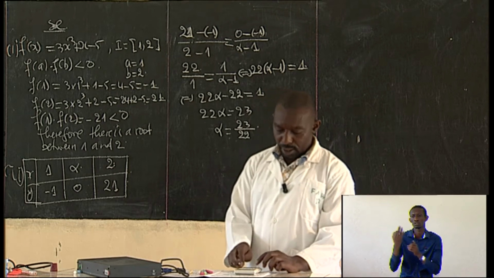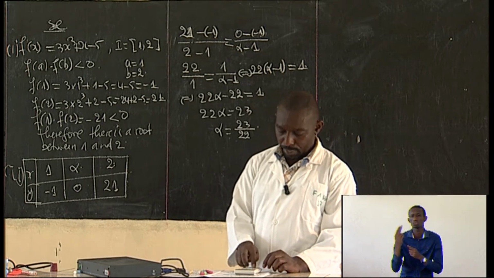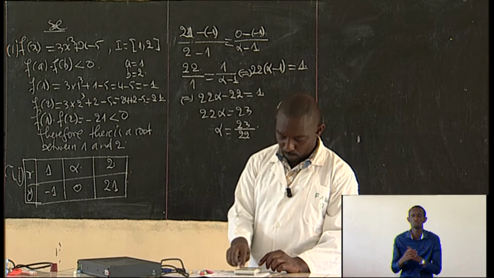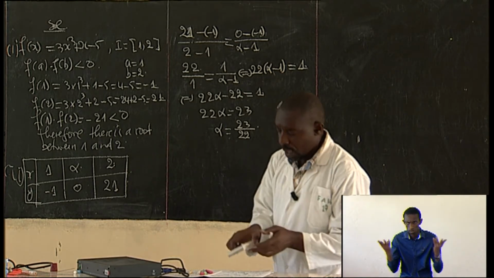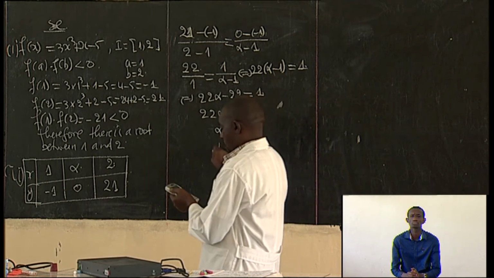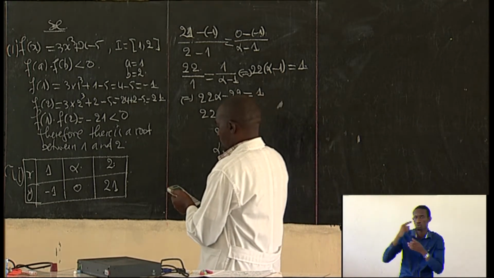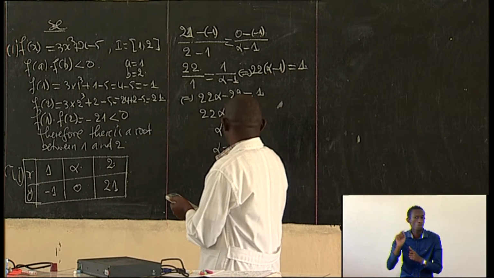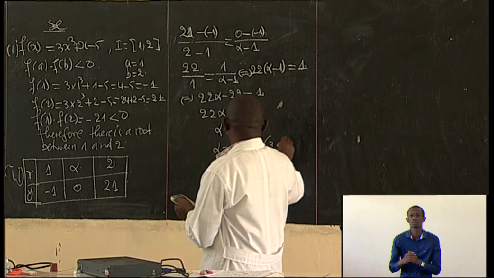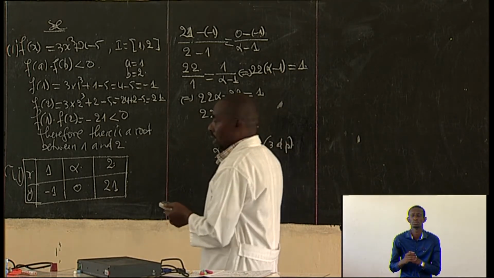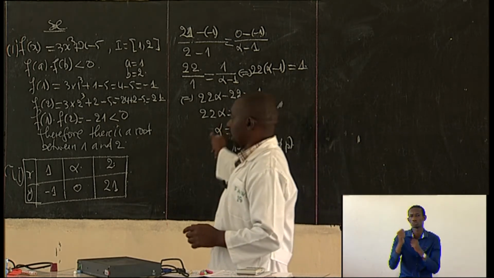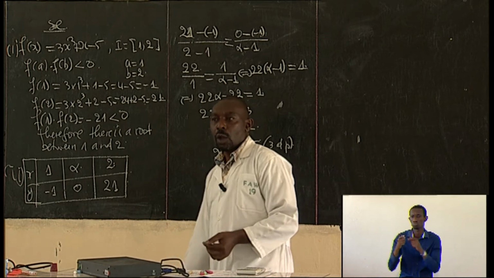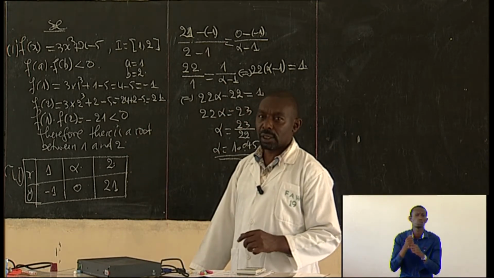Using your calculator, we get 1.045 to 3 decimal places. This is the initial approximation of that root using linear interpolation we did when we started that unit, isn't it?